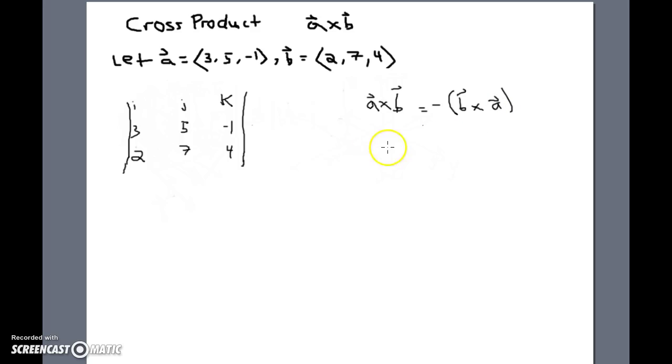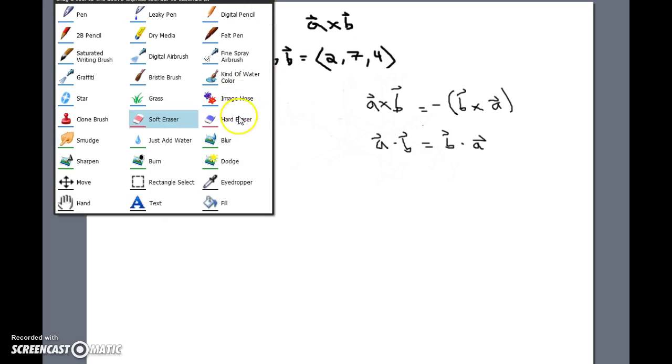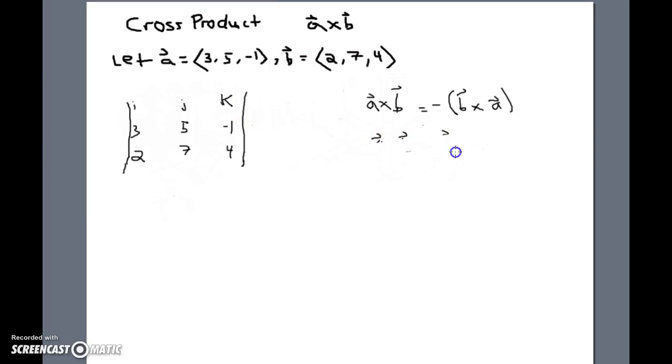The dot product is commutative because, as you learned, A dot B is the same thing as B dot A. Unfortunately, that's not the case with the cross product, which is why it's imperative that you write down these components correctly. So let's go through now how this works.